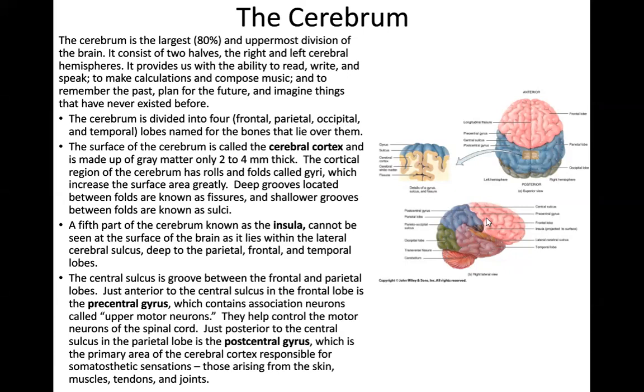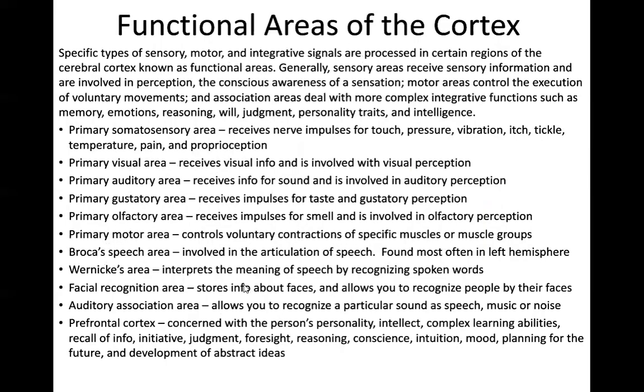Just in front of that central sulcus is what's called the precentral gyrus. Just behind that is the postcentral gyrus. Those are anatomical points that are very important because of what I'm going to talk about on this page.